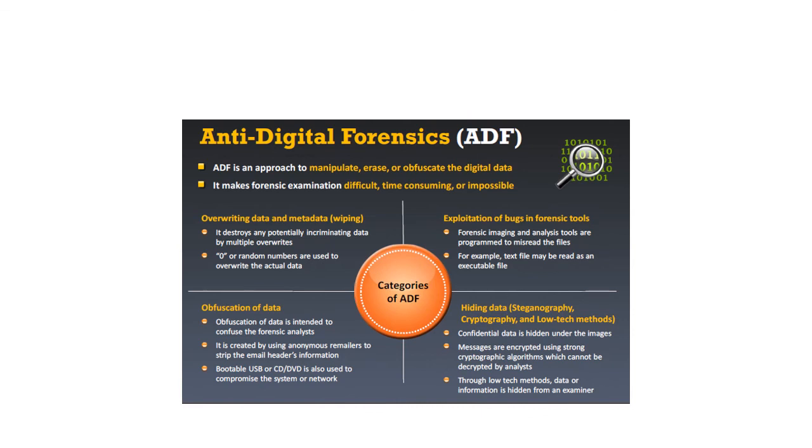Also, messages are encrypted using strong cryptographic algorithms which cannot be decrypted by analysts. Through low-tech methods, data or information is hidden from an examiner. So basically, these are the four anti-digital forensic techniques that are there.